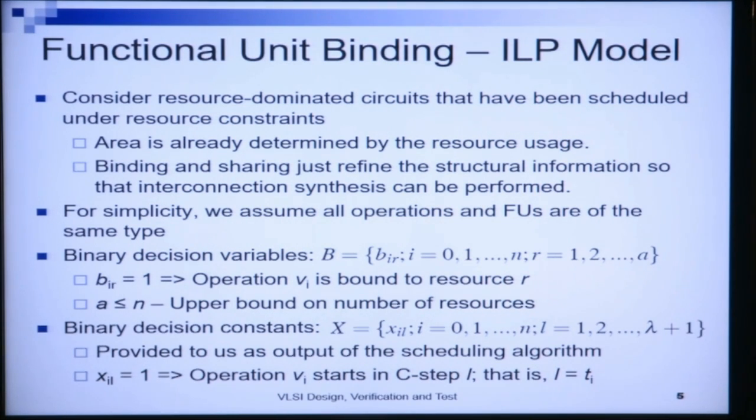When x_il equals 1, it means that operation vi starts at control step l, and that step l is given by ti. So, we saw these decision variables and how these start times are obtained in the scheduling step. Now they are decision constants, meaning the values of these constants are known to me. When each operation will start at what time step is now known to me at the allocation and binding step.